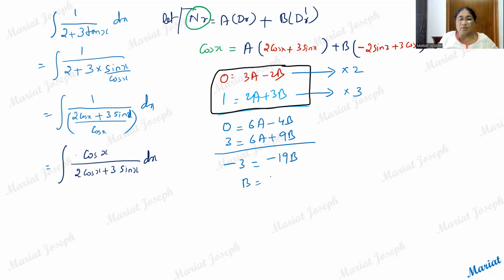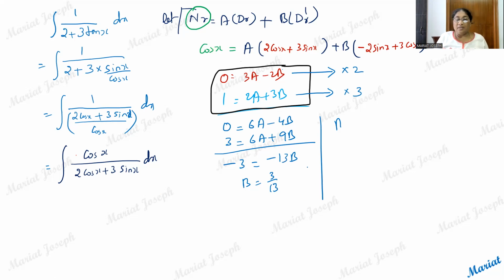So b is equal to 3 upon 13. Ma'am, 13? Oh sorry, I wrote 19. It is 13 only, I'm sorry. Yes, 4 and 9, 13, 3 upon 13.